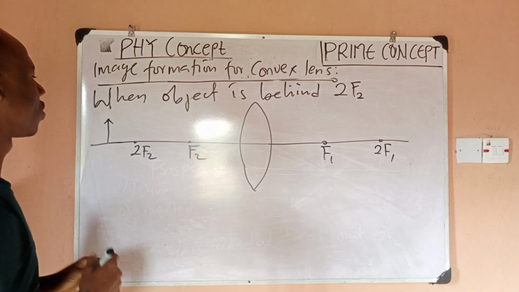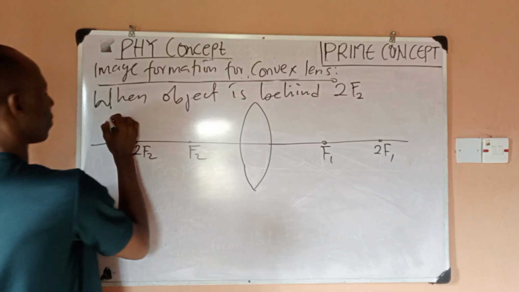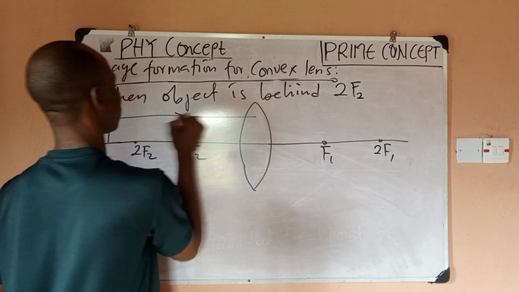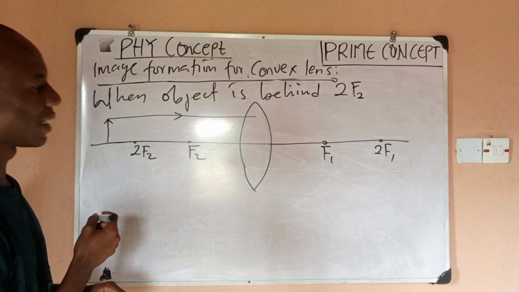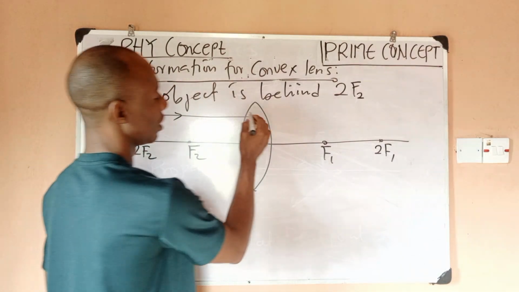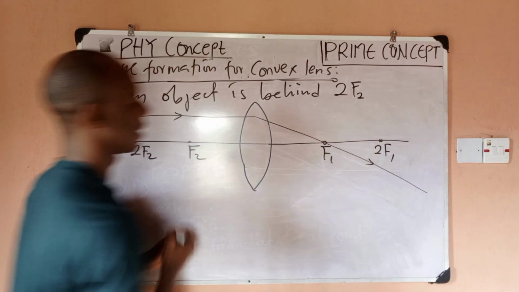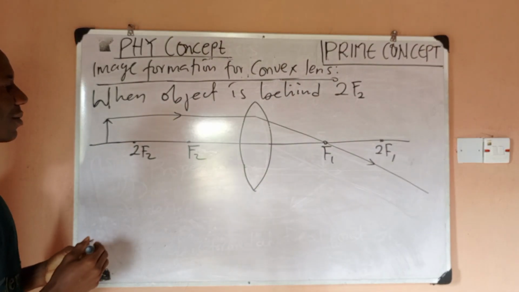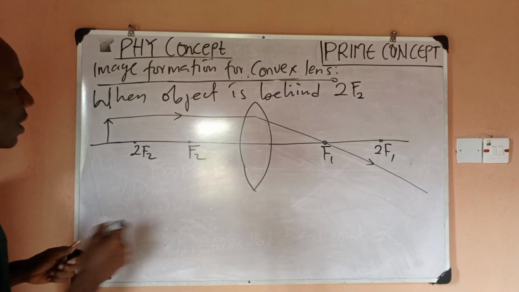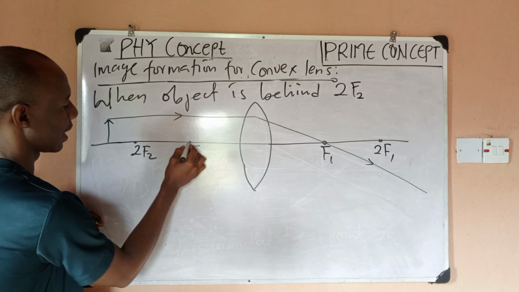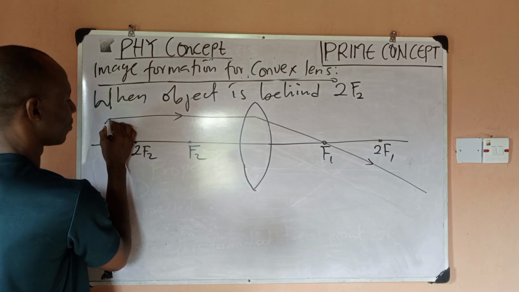We want to look at those rules we mentioned. So I will draw a parallel ray from my object. When it hits my lens, according to the rule, it would refract through the focal point on the other side, right? Now if I follow a second rule, say my ray enters through my focal point, what will happen to it?